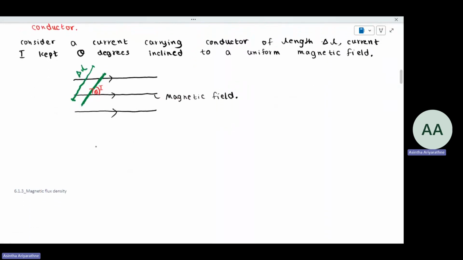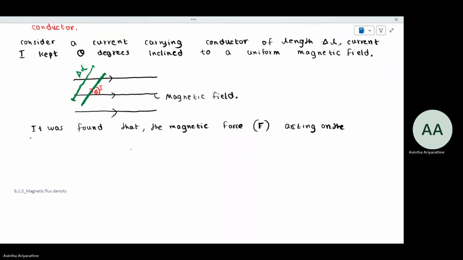So experimentally it was found that the magnetic force, say F, acting on the conductor is proportional, obviously, to the current.